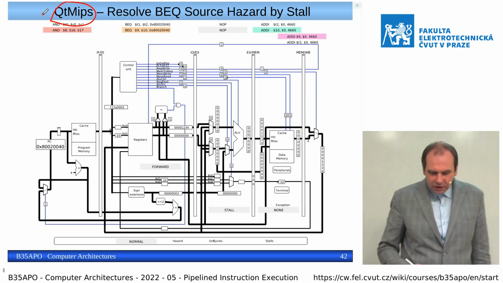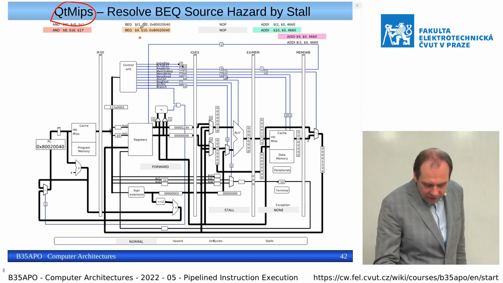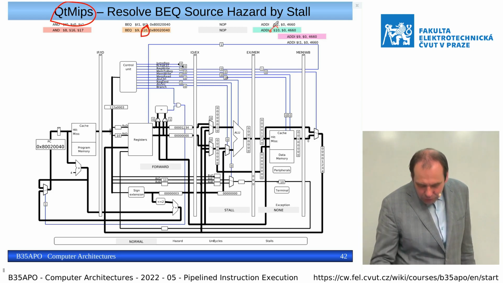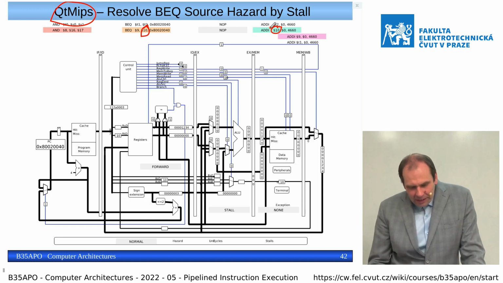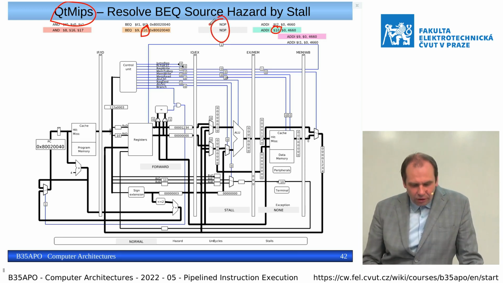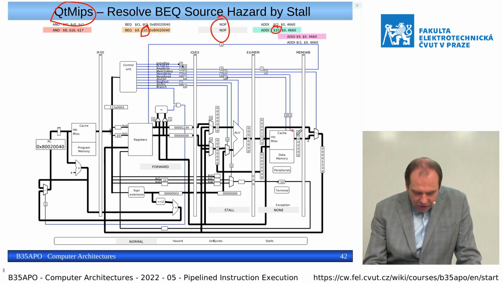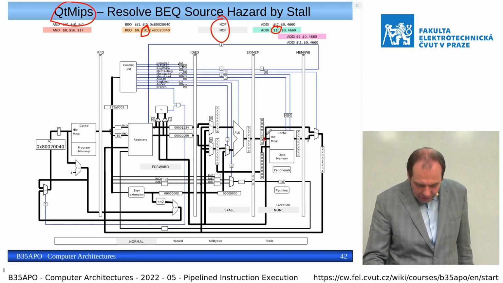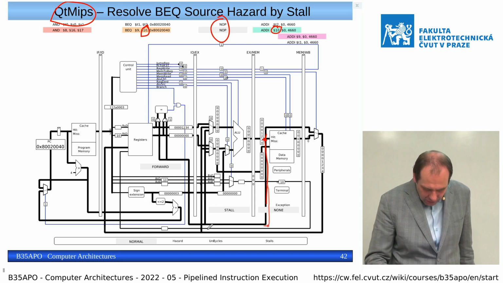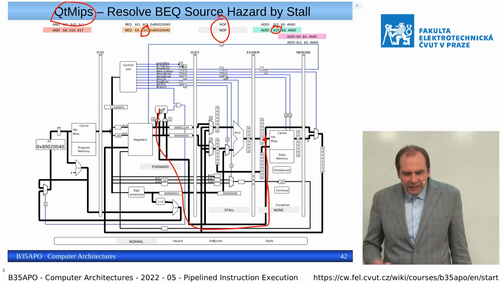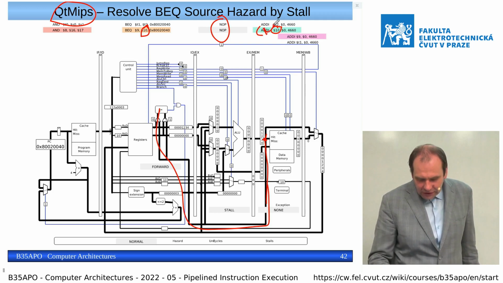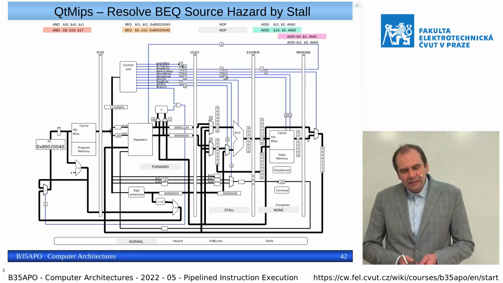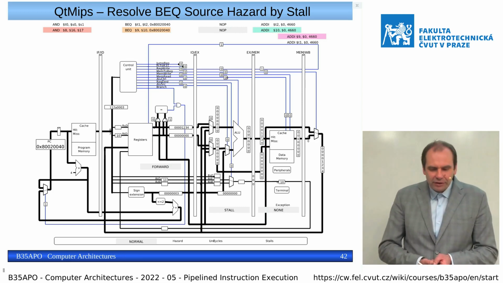You can see that if we have a branch on equal and register number 10 is used from the preceding operation, then we put there one stall and wait till the operation advances to the memory stage, and from the memory stage we can forward a value here. A bigger problem is if this operation is load word; in such a case we need to put there even a second stall cycle.